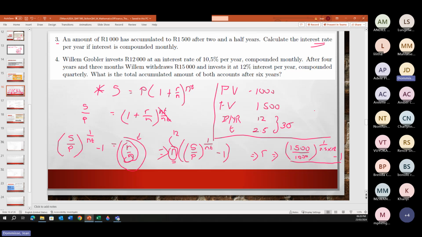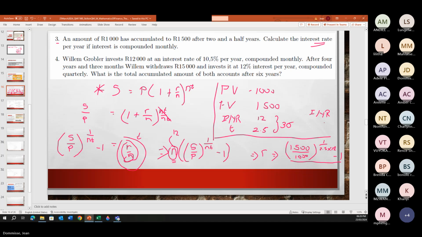And then on your calculator, if you then press your interest rate, it will automatically give you the 16.33%. Okay, so on your calculators, you don't need to worry about the times 12 because you already told the calculator in this part that it needs to work with it as 12 times per year.